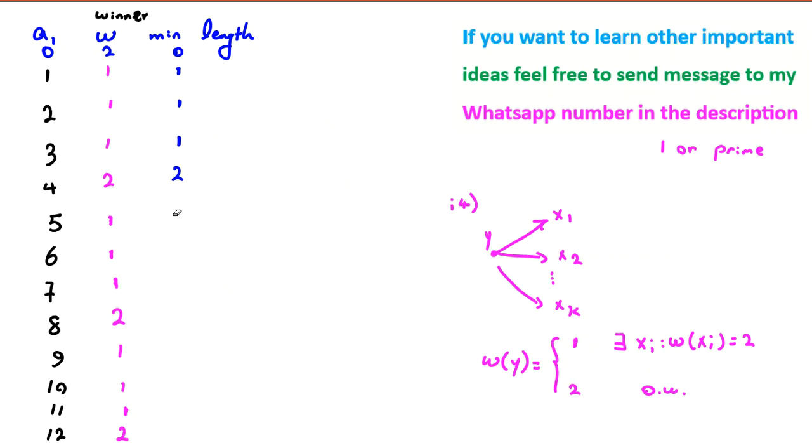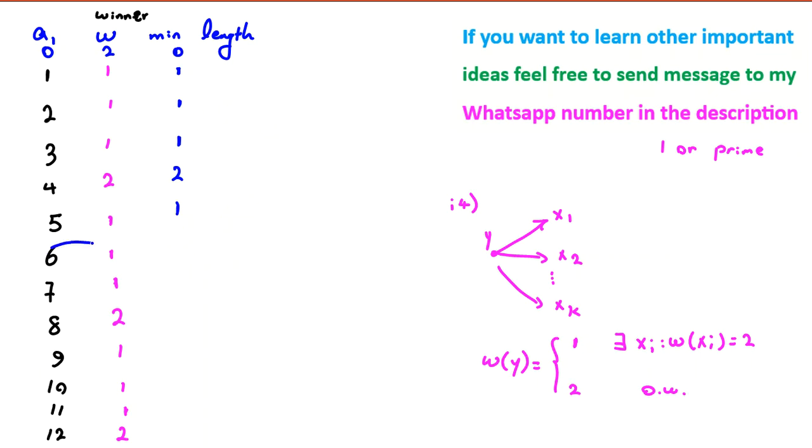Now try to find other minimum lengths for 5 to 12. Try to find them. Okay, for 5 first player can go to 0 in one step.